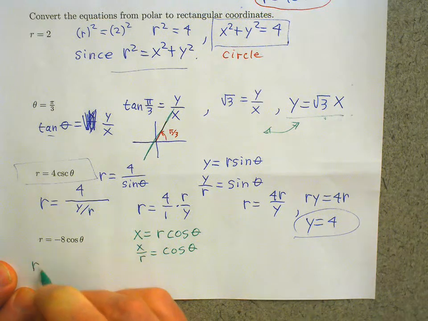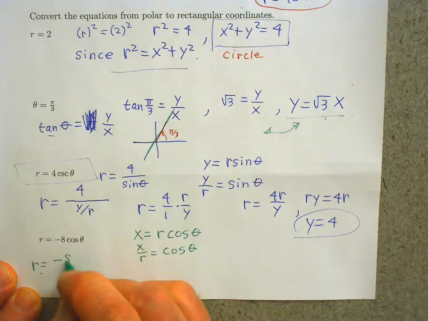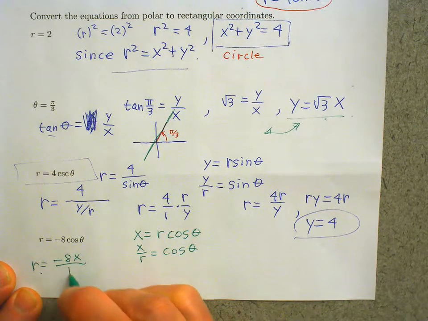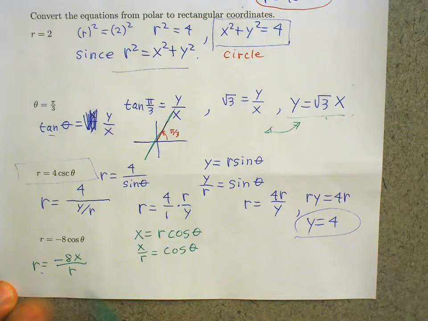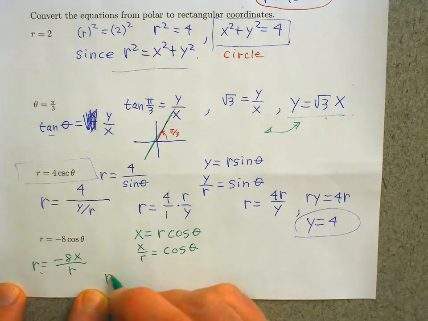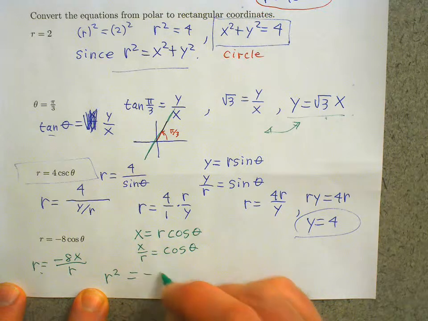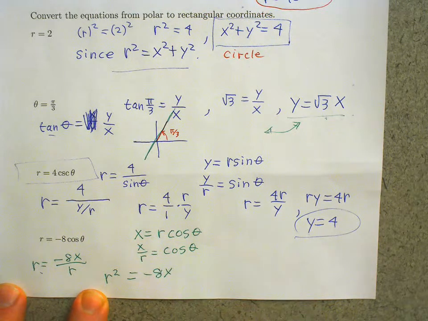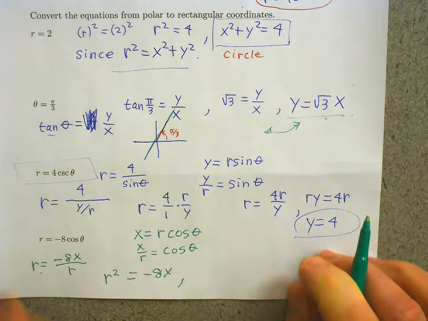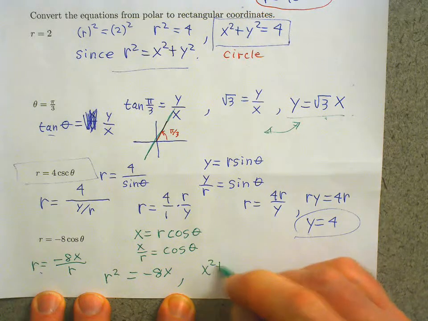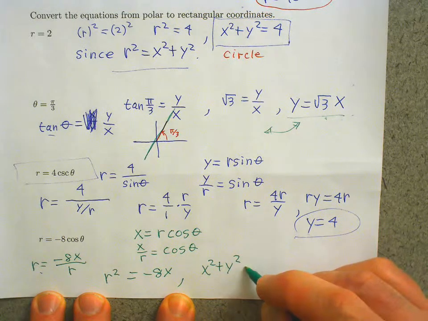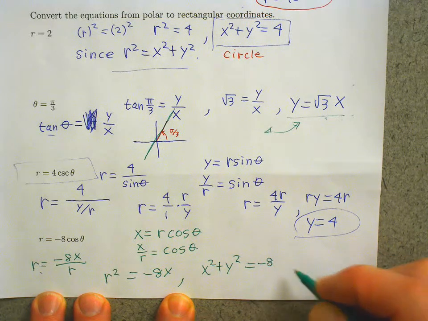So we get r equals negative 8x over r. Then multiply both sides by r, we get r squared equals negative 8x. Then we'll replace r squared with x squared plus y squared. So we get x squared plus y squared equals negative 8x.